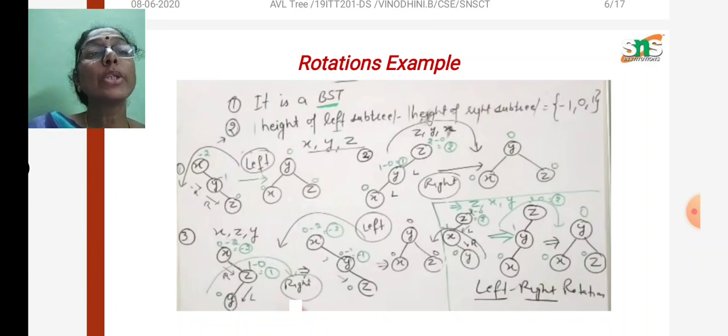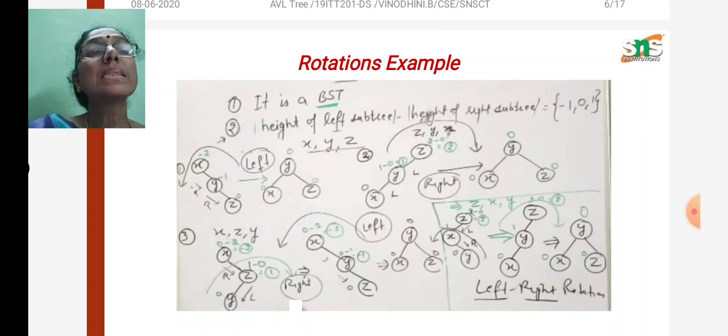Suppose we insert in the order z, y, x. First z is inserted as the root, y is its left child, then x is again the left of y.